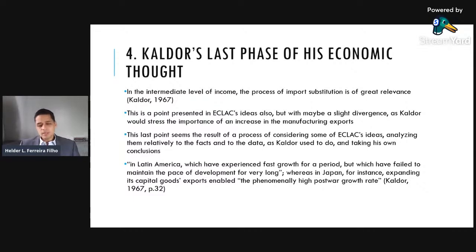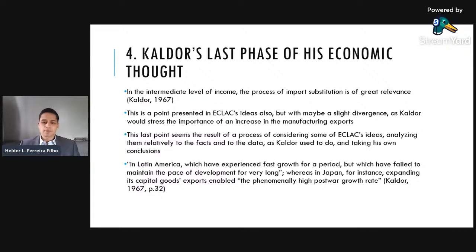In Latin America, this is an important and curious quote from Calder: "In Latin America, which have experienced fast growth for a period, but which have failed to maintain the pace of development for very long, whereas in Japan, for instance, expanding its capital goods export enabled the phenomenally high post-war growth rate."